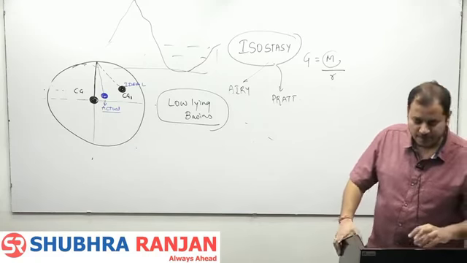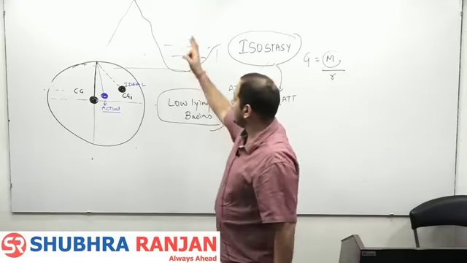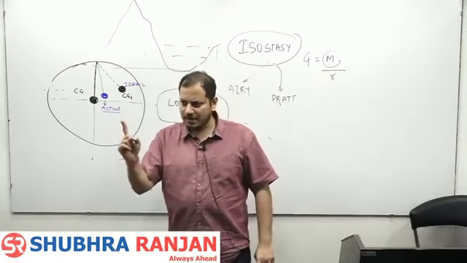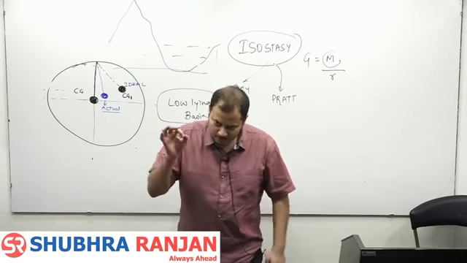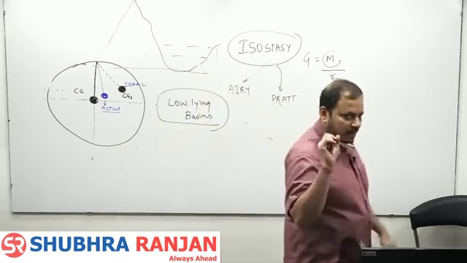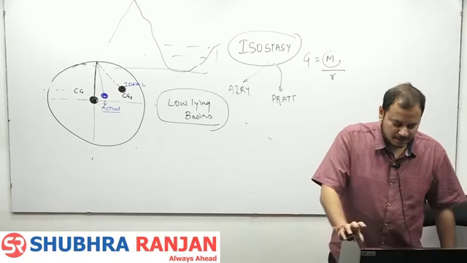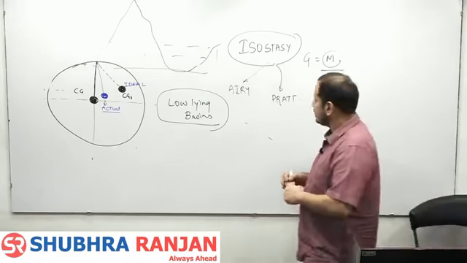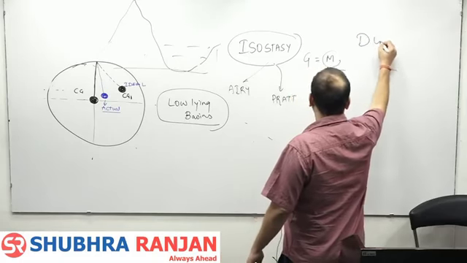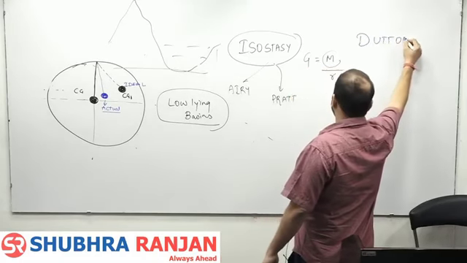What is the state of isostasy? Balance between up and down parts on the rotating earth is equilibrium or isostasy. The term was first given by, isostasy में ये नाम आना ही चाहिए. The term was first given by Dutton.